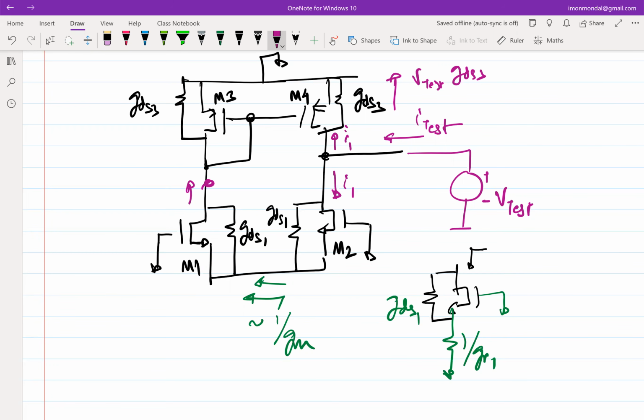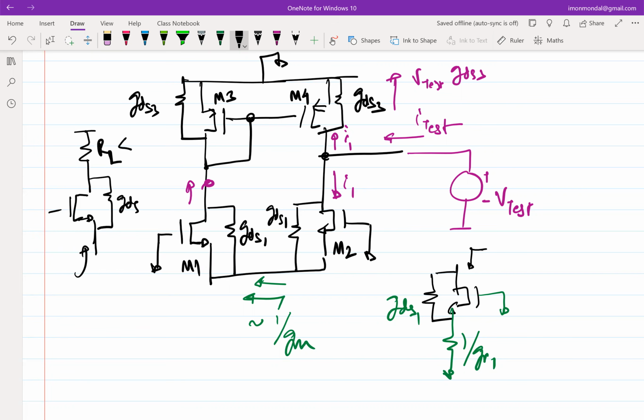There you will see that as long as RL is less than a certain value, this impedance is fine. You can assume it to be 1 over GM.